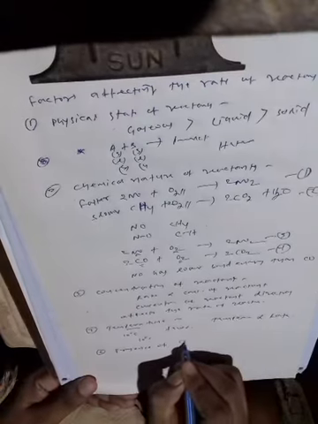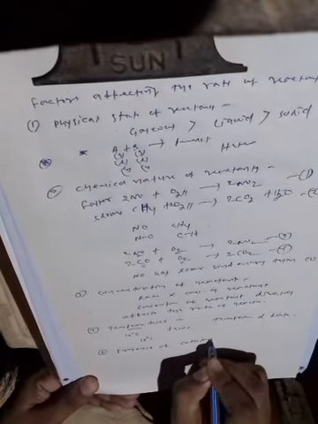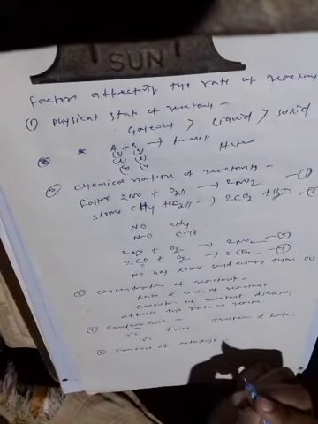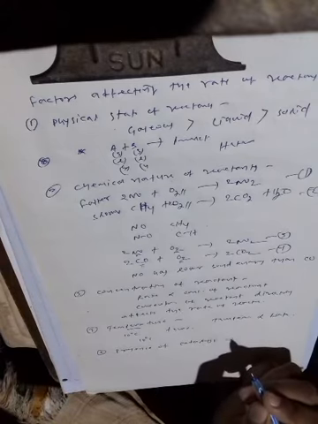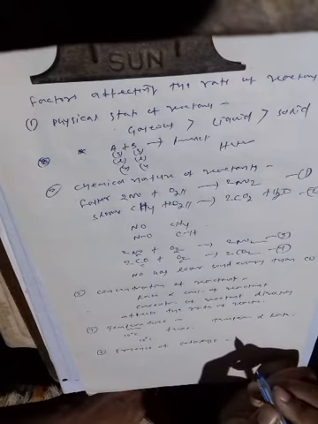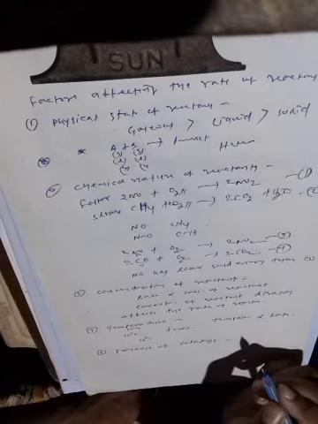Okay, and the next factor is the presence of catalyst. How does a catalyst affect the rate? First, we have to know what a catalyst is. A catalyst is a substance which alters the rate of a chemical reaction.